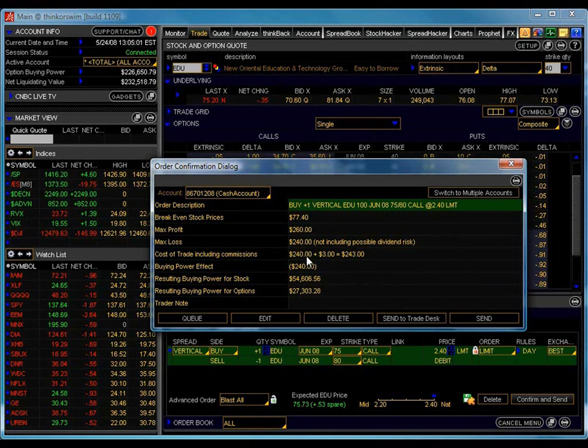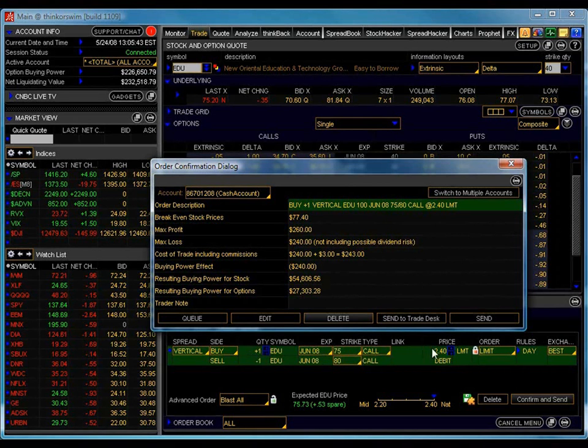Well, the reason that we're paying $240 and not $2.40 is because each contract, and this is true for every single option except for some exotic European options or some other exchange options, it's true for the majority of the stocks or indexes that you'll be buying, a single option contract actually gives you the right to purchase 100 shares of the underlying stock up to the expiration date. So one contract is actually equal to 100 shares of stock.